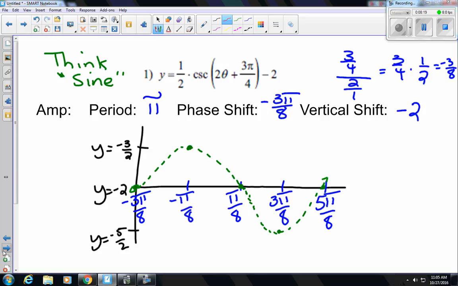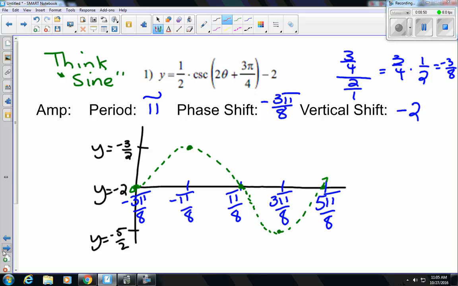And if I do that at 0 or 2 pi or 180, I get an undefined answer, right? What happens when you get something undefined? It creates a vertical asymptote. So everywhere I see a point at the midline is going to be one of those occasions in the graph.